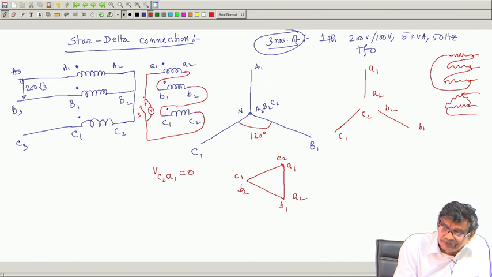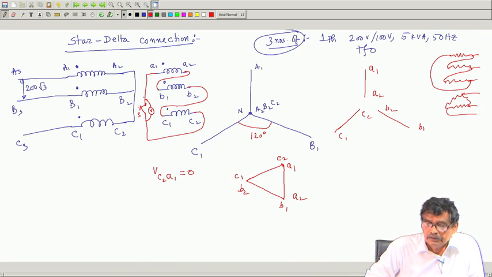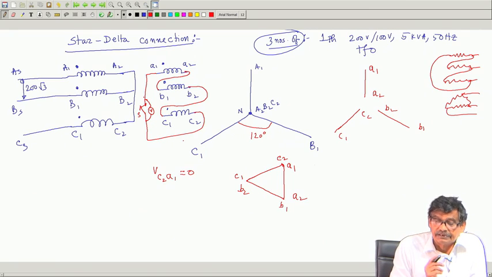Therefore, no EMF exists between these 2 points, so you can close it, it does not matter. Each coil will have induced voltage, the circuit is closed now, and you get a successful delta connection, and there will be no circulating current here, mind you, there cannot be. Then, where to take the output from, that I will discuss now.